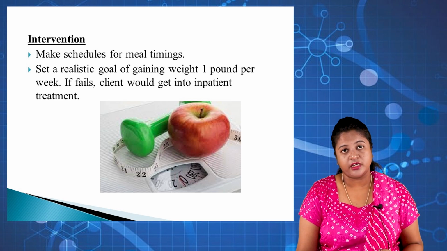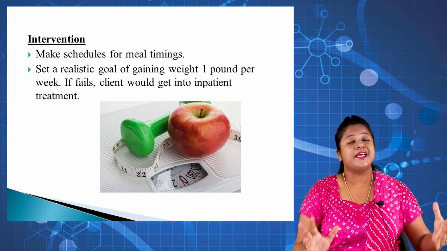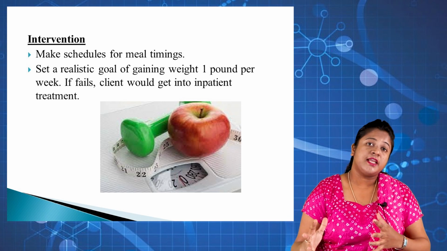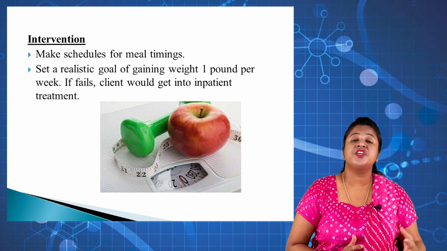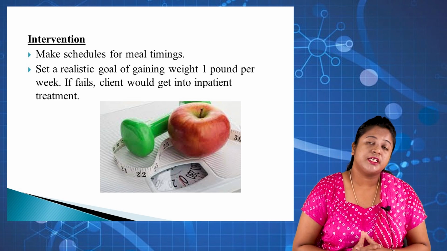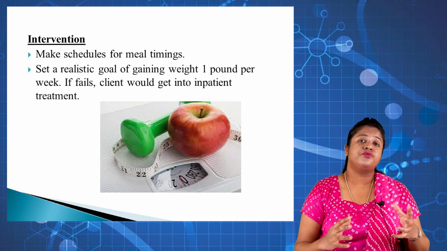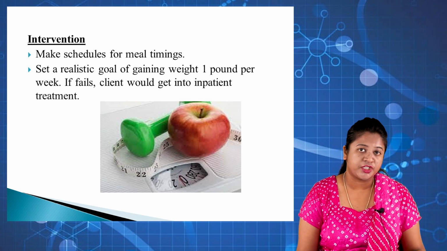Or if he fails to attain these set goals, then tell him that an alternative arrangement has to be made, that is, inpatient treatment may be required for the client. So that can be the nursing interventions that you can do for imbalanced nutrition less than body requirement or more than the body requirement.